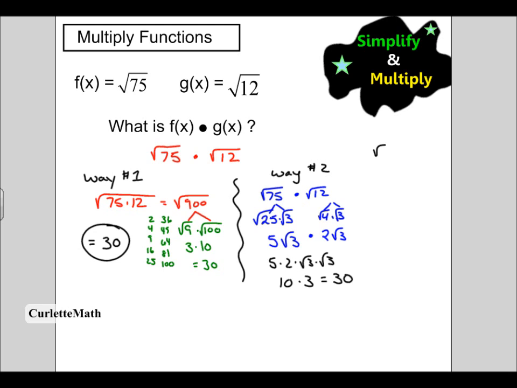Now the square root of 3 times the square root of 3 is the square root of 9, which is 3. Or you may have been taught that the square root of 3 times the square root of 3 is the square root of 3 squared, and that a square and a square root cancel each other out, so you are just left with 3. Let's go on to look at our next example.